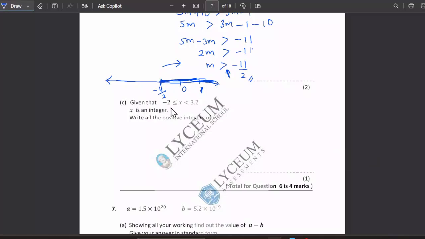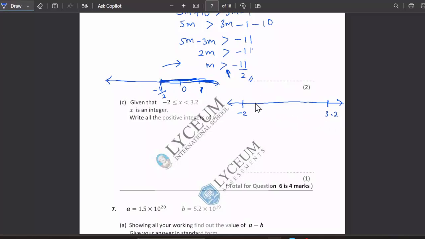Okay. So in the C part, given that x is an integer in this inequality, write all the positive integers of x. All the positive integers. Okay. It is better, I think, if you can draw this on a number line. So this inequality starts on minus 2, goes up until 3.2.